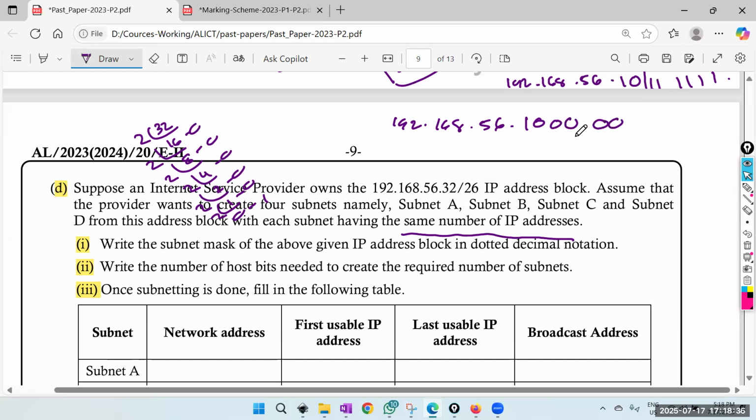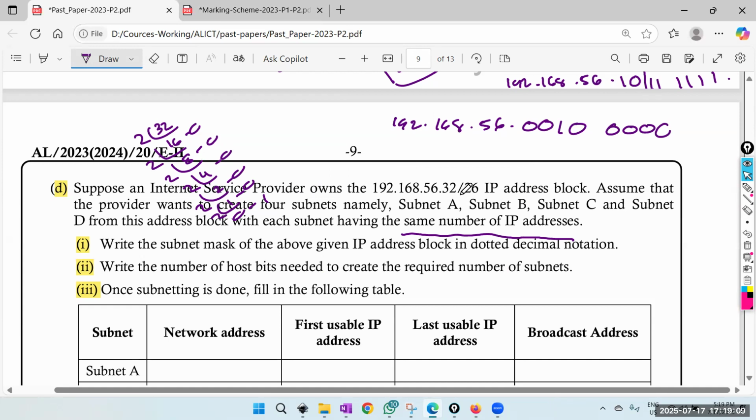Then you need to insert zeros at the beginning, because it must be 8 bits. So 0 0 1 0 and 4 zeros. Remember, you must write it as 8 bits. So this is 32: 1, 2, 4, 8, 16, 32, correct.